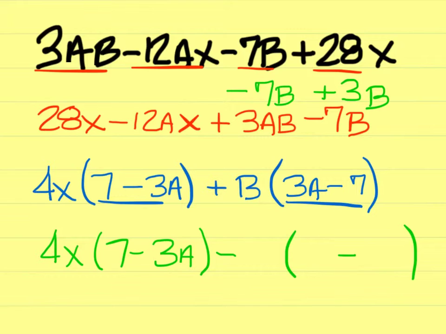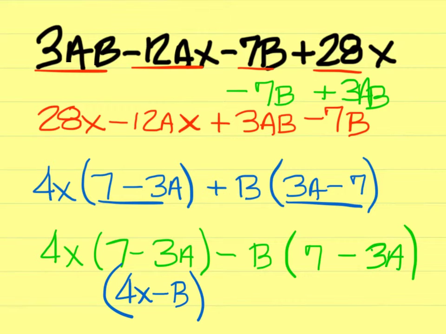And when you factor out, you could take out a B and be left with 7 and then minus, not a B. You can't take out a B on that one, can you? Well, that's what's wrong. I've left out the A over here. I thought 7 minus 3, you can't have that. So if you take out a B, you're going to be left with minus 3A over here. So one possible answer you could have is 4X minus B, and then you'll have 7 minus 3A.